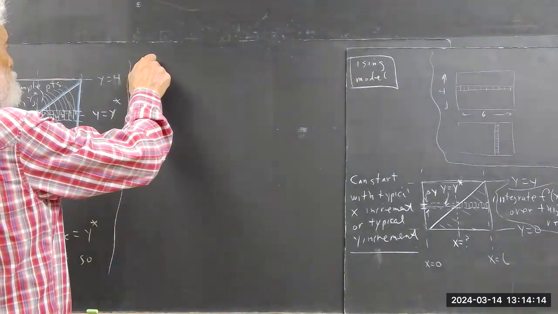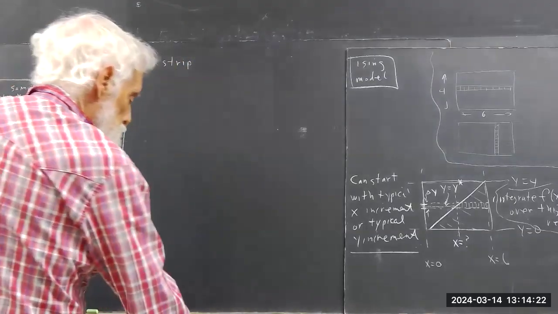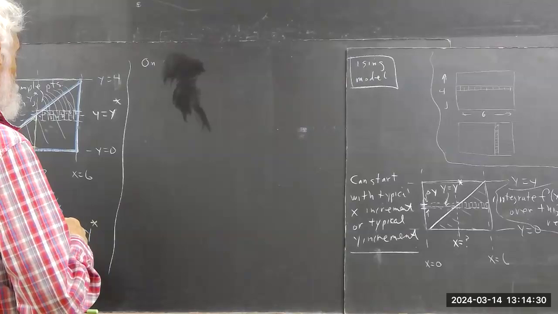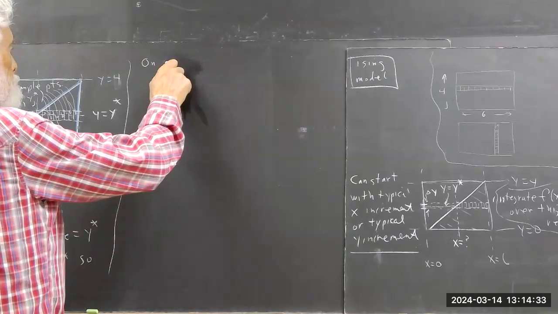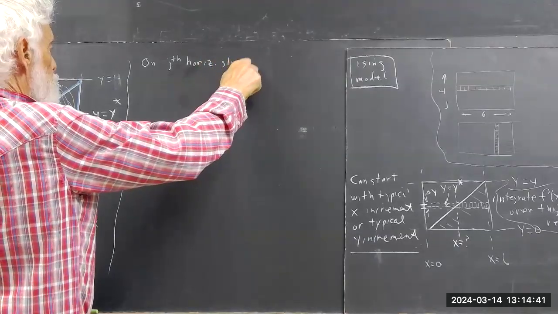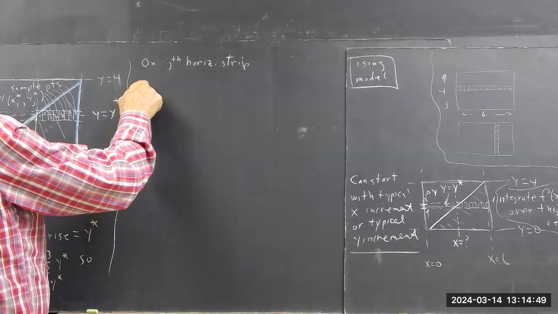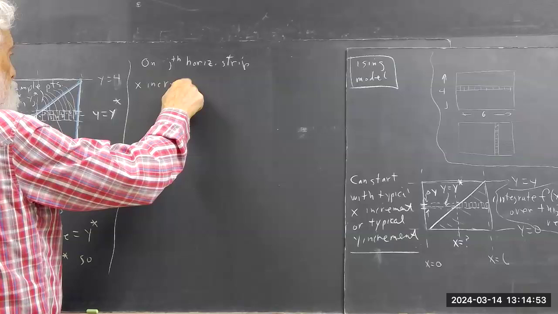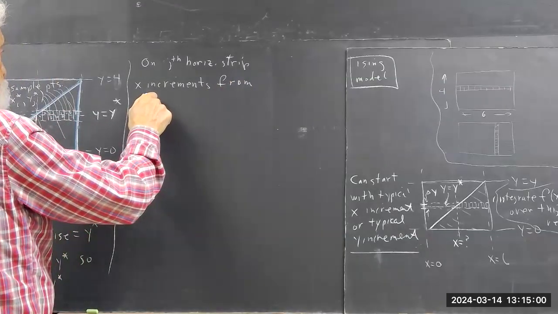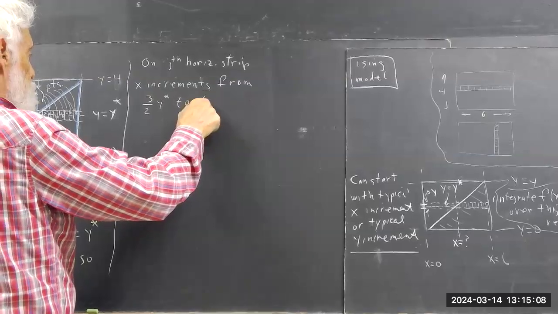So, base horizontal strip, x increments go from y star to 6.